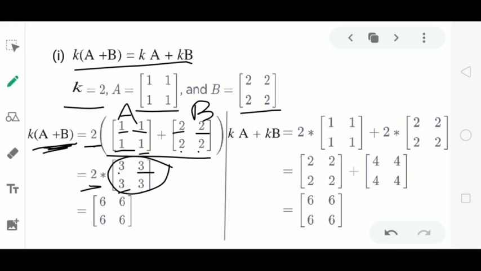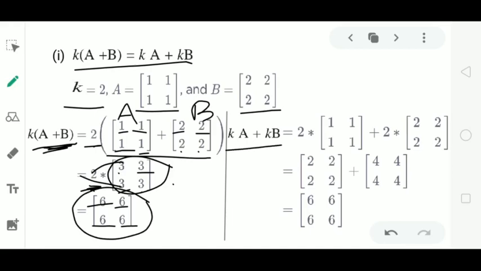We already know that multiplication of a scalar to a matrix is nothing but multiplication of scalar to each element of the matrix. So we multiply 2 to each element of the matrix A plus B. 2 into 3 is 6, in every position. This is K into A plus B.